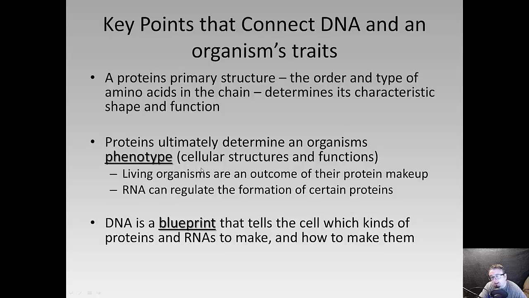How does that function create some kind of trait, or how does that dictate something that's happening in the cell? So the phenotype is ultimately the consequence of how protein works in the cell. And then in other cases, RNA can regulate as well. But phenotype usually is in relation to the way the proteins work. So we get phenotype really as a consequence of translation, and it's the genotype that ultimately dictates the beginning part, which is transcription.